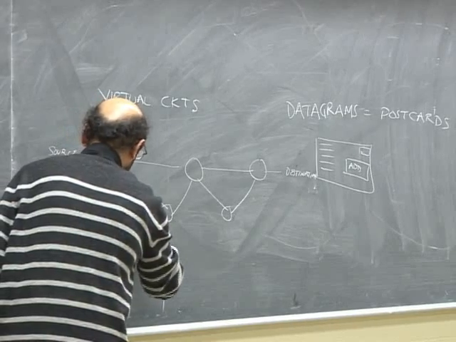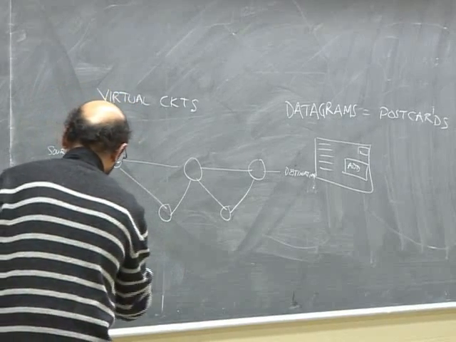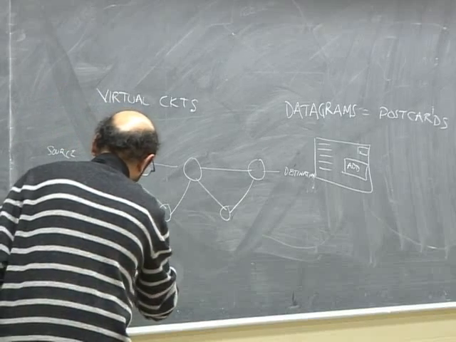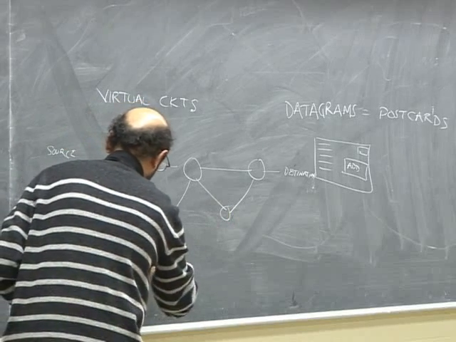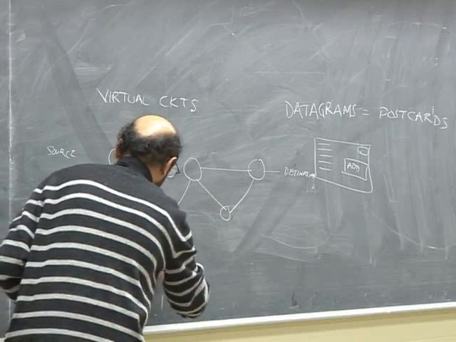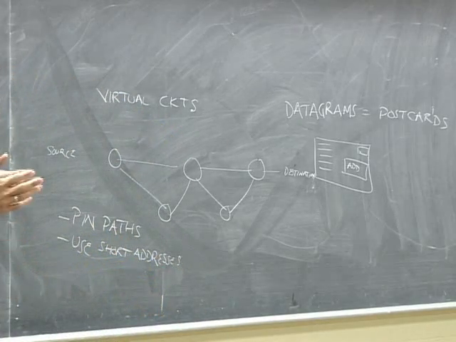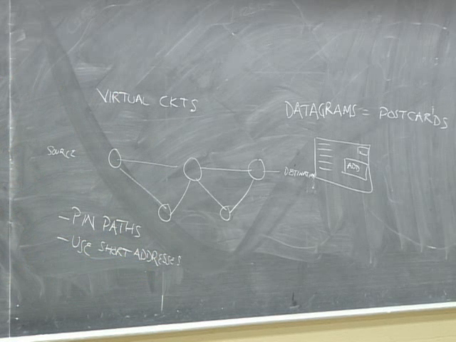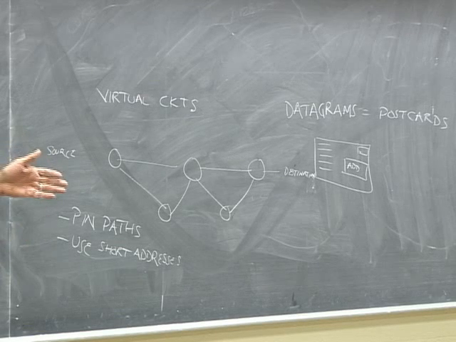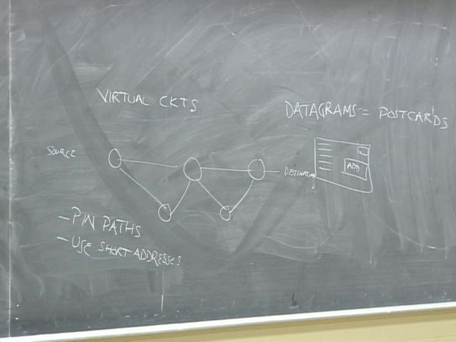And the second thing we want to do is use short addresses, very, very short addresses. Why do you want to use short addresses? Because I can use smaller headers, and then the lookup is faster, and so on. It makes your router very small and fast and cheap if you use short addresses, because you don't need to look at, let's say, 32 bits and look at this big table. You just want to do something small.